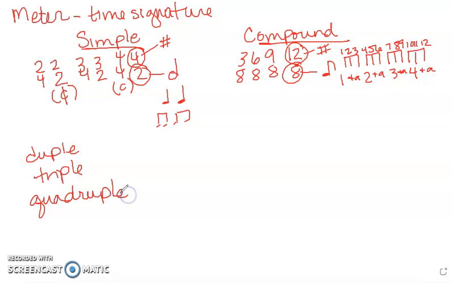If simple and compound meter designations really focus on the bottom number, duple, triple, and quadruple are really focusing on the top number.